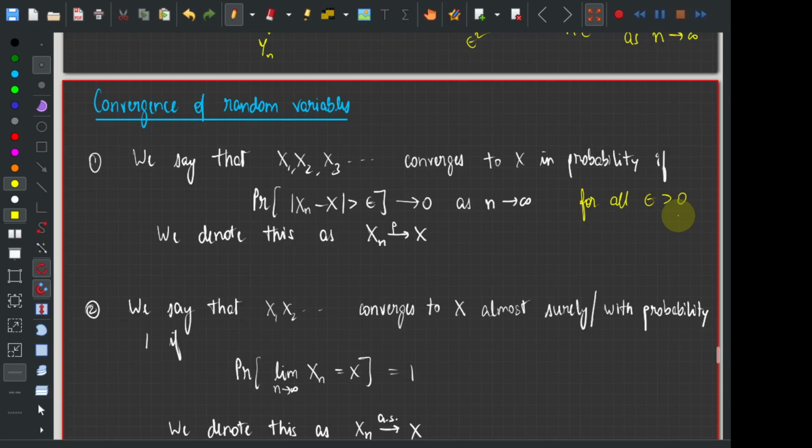So that's a standard term. It's just a term used, so it converges in probability. Okay, and we'll sometimes denote this as xn tends to x.